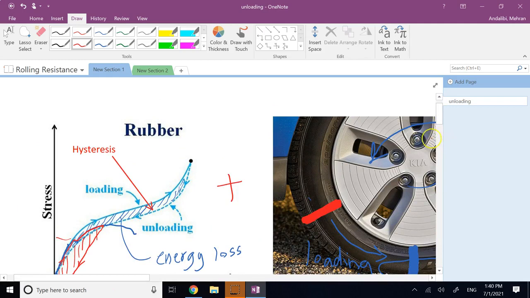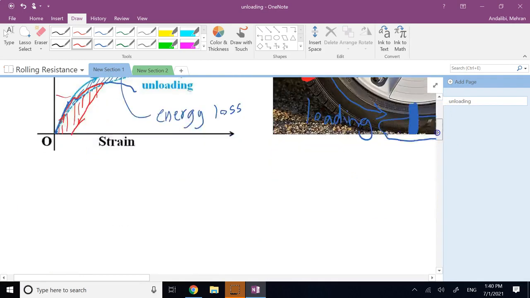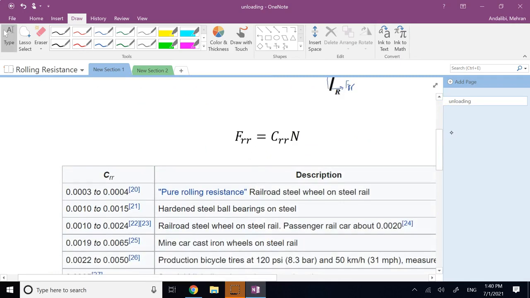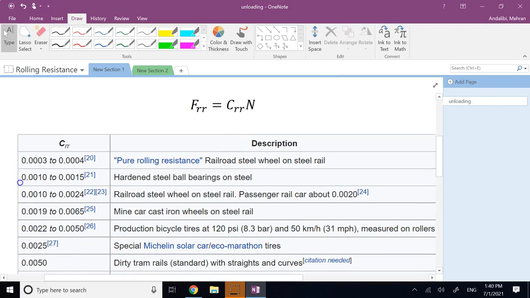Okay, so hopefully at this point you have an idea of where the rolling resistance comes from, and the amount and type of it depends on the material and the contact surfaces. So now, what's the formula for calculating this rolling resistance? Well, what they came up with experimentally is a formula similar to the Coulomb friction.